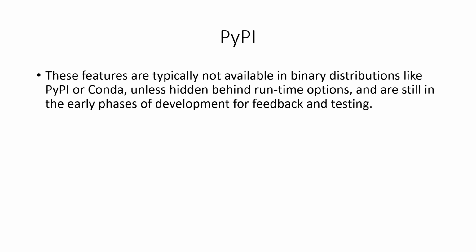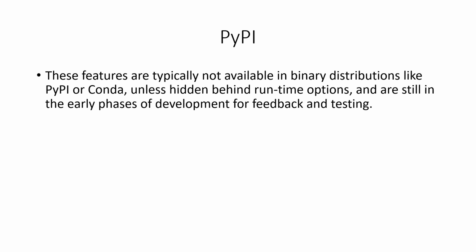Here we can move to the feature: typically not available in binary distributions like pip and conda, unless hidden runtime options are used, it will be easy to test in the phase of development for feedback and testing.